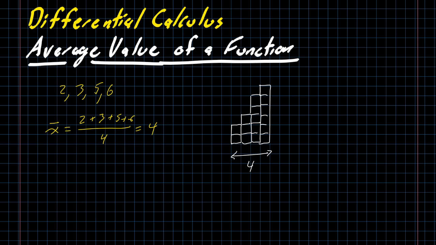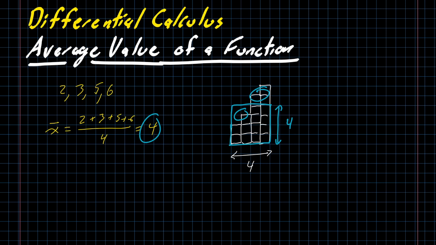Another way of thinking about that, though, if I take these 3 blocks and arrange them over here to fill in the space, I can draw a rectangle, in this case a perfect square, but a rectangle is the important bit, a rectangle of the same area. The height of this rectangle is 4, which is the average value.